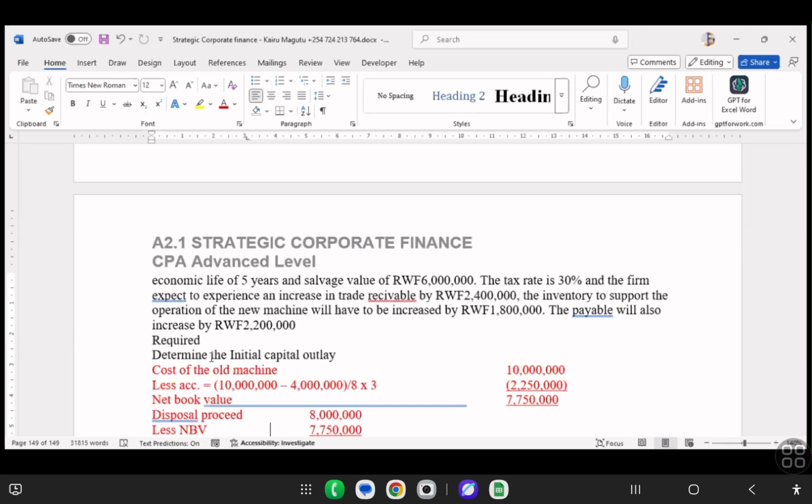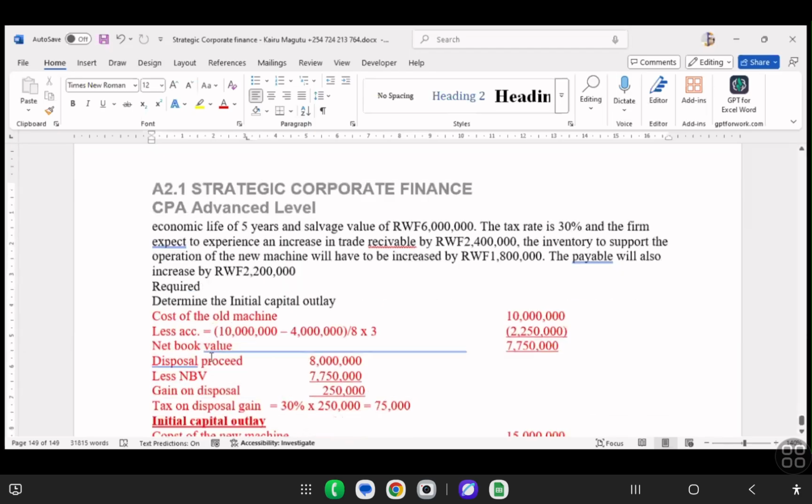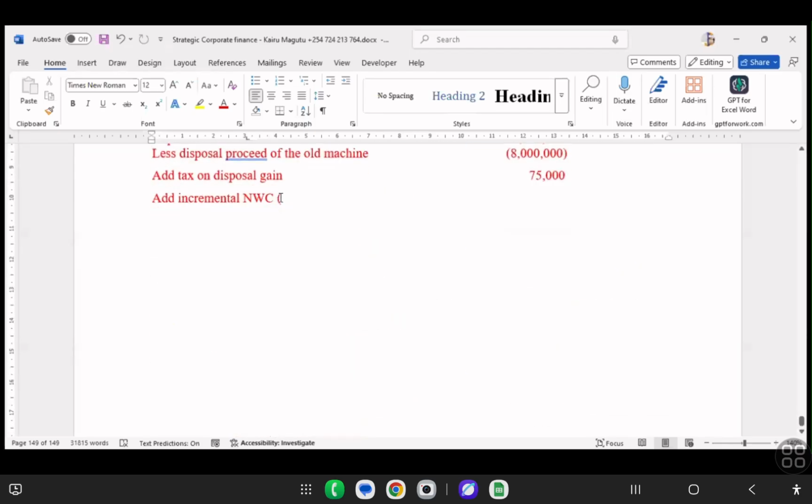Inventory to support this is 1.8 and trade payable is 2.2. Then for incremental net working capital, here I have receivables. The receivables will increase by 2.4 million. Then I have, oh, sorry.